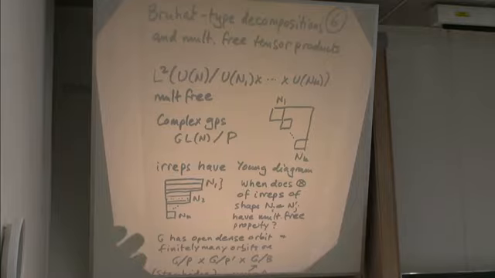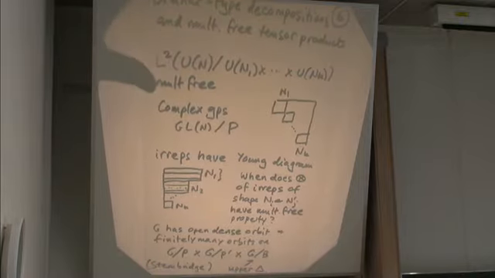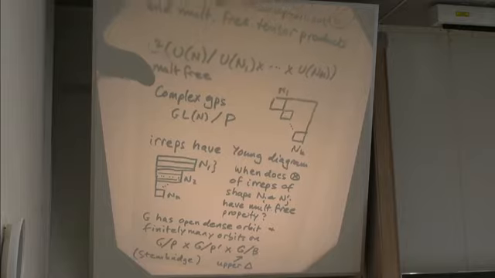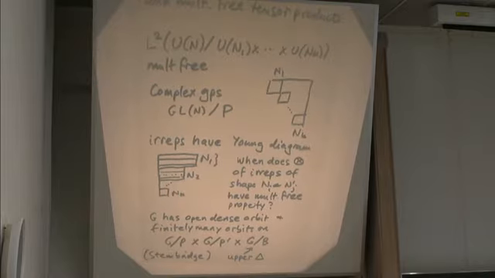That will give you your parabolic group. And then you can ask the question, when do tensor products of irreducible representations of this shape and then another shape, n prime, have multiplicity? If you tensor them, do you only get each irreducible representation with multiplicity 1?